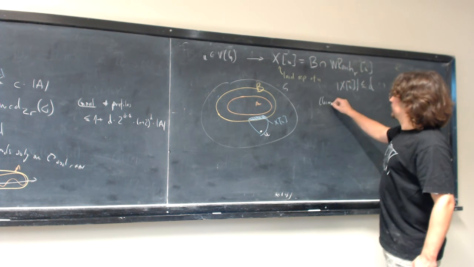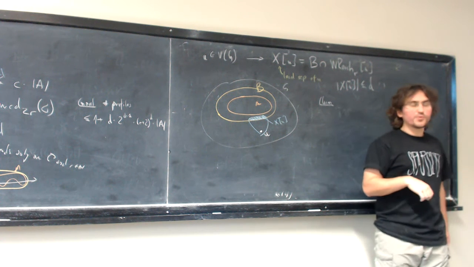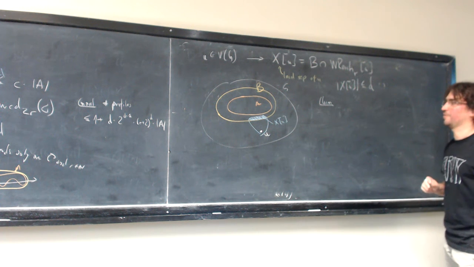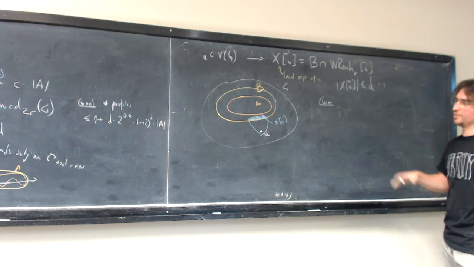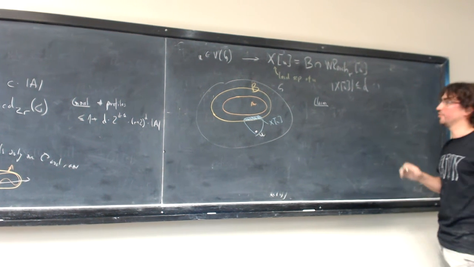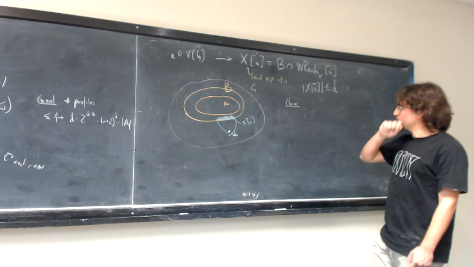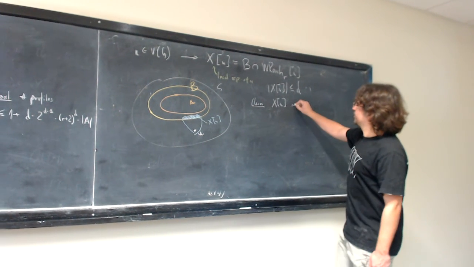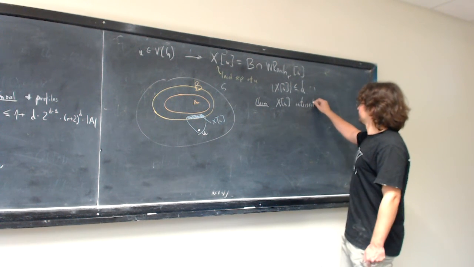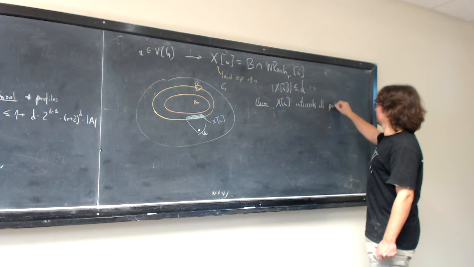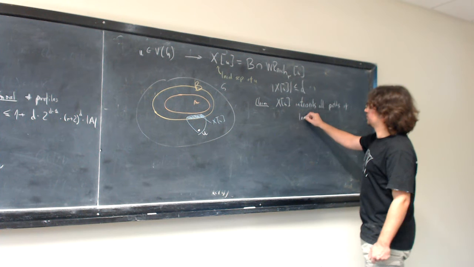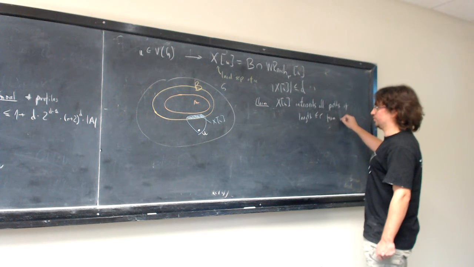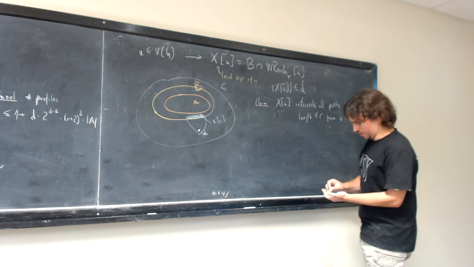Good. So now we've got the following claim, and this is again something that I think was mentioned during a tutorial at some point. This is a very easy observation, but in a sense a very powerful one, and this is what stands behind all of these weak coloring numbers: X of U intersects all paths of length at most r from U to A. So how does it look on the picture?